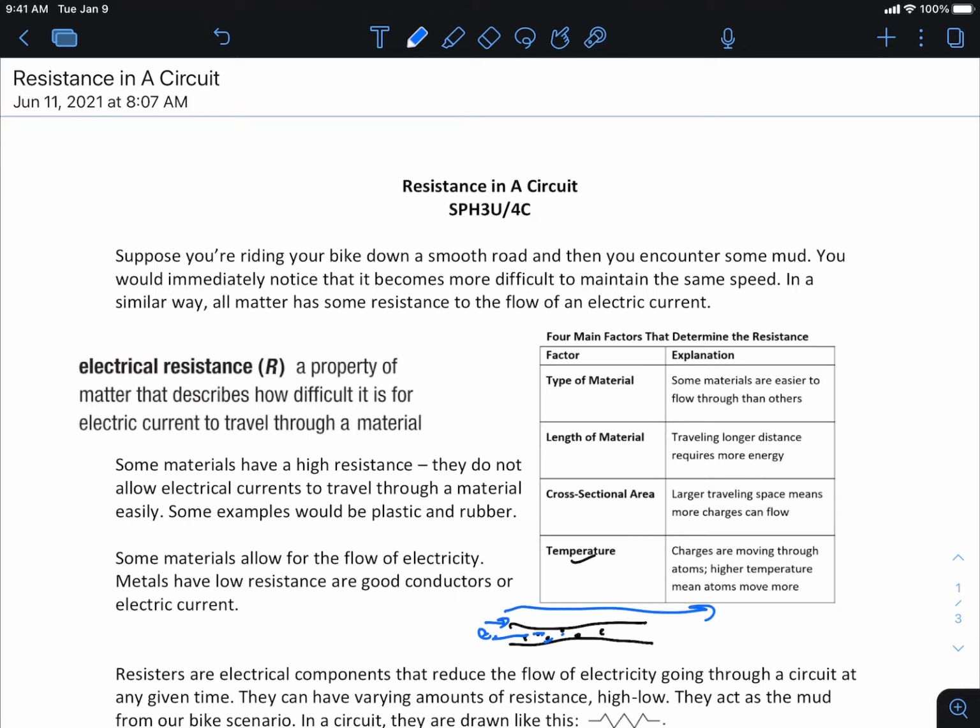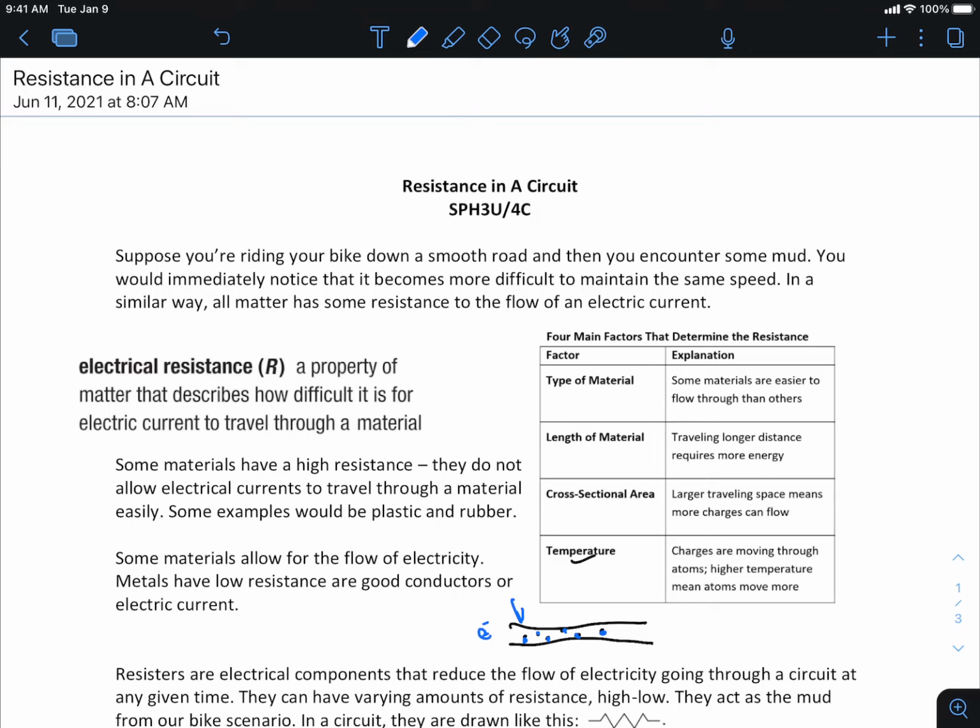Whereas if we supercool this thing, the atoms stay in place a little bit more, and we get less contact between the electrons and the atoms. So the electricity flows faster, and we get more current per unit time. Okay, so those are the four main factors that the textbook spells out.